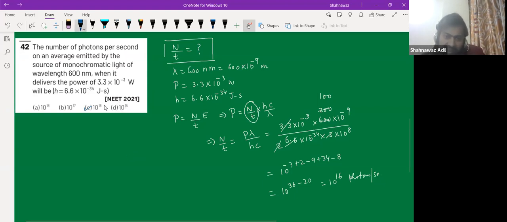They have written 15, 16, 17, 18. So if you miss one power of 10, then your whole answer would be different, right? So we have to be very careful with the orders of 10. This way we have to be very careful.